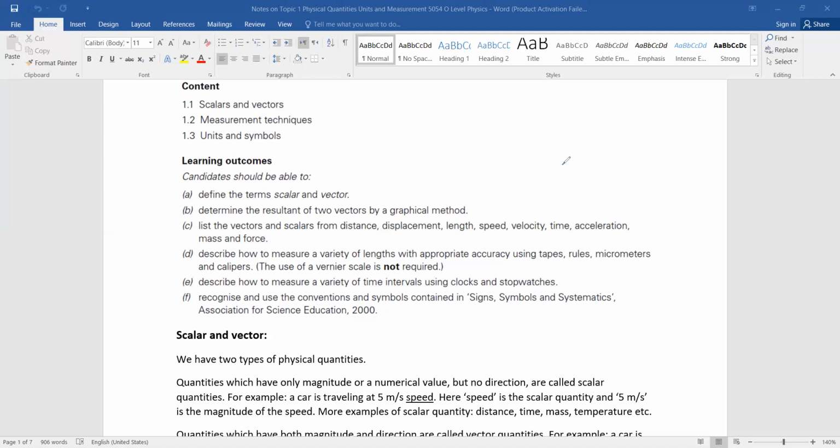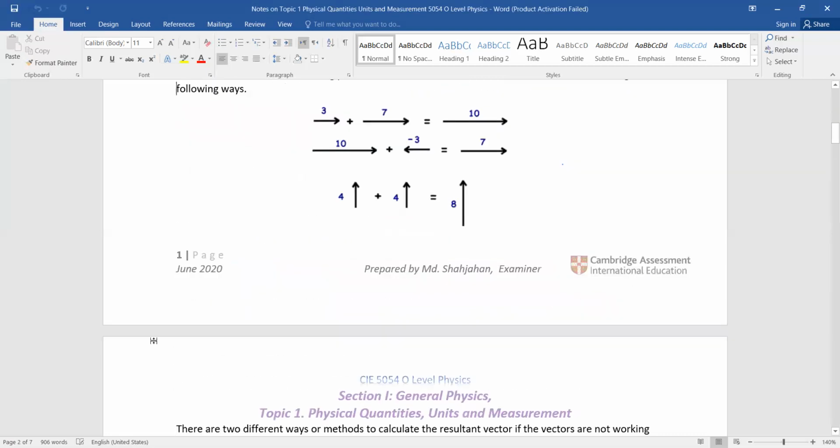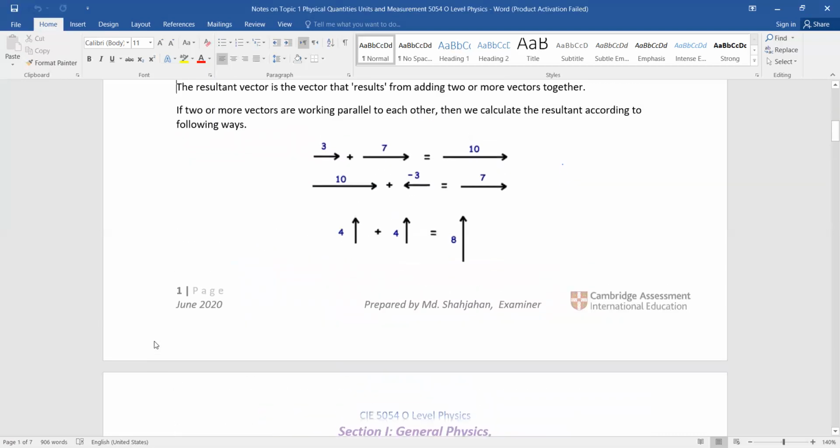Now we are showing you what you said, and from there I will try to get some more ideas from you. Here I gave some examples. Here we got 3 and 7 in the same direction, then the resultant is coming 10, right?